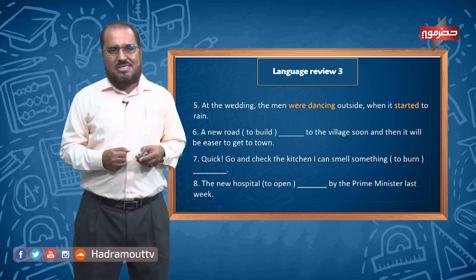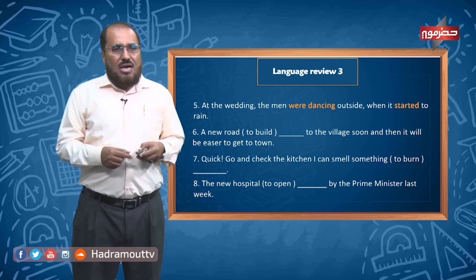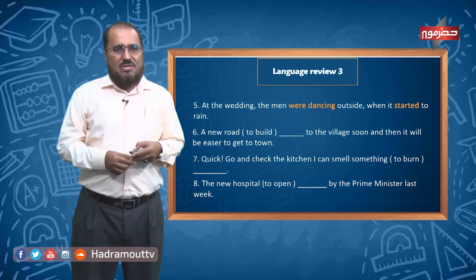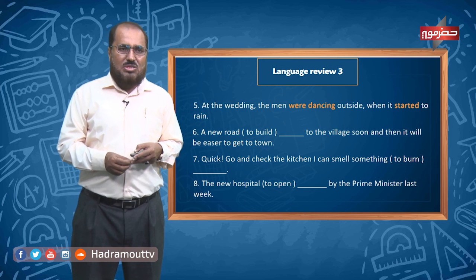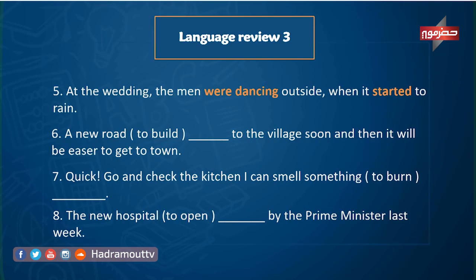What about number 6? A new road to build to develop soon, and then it will be easier to get to town. Okay? Think carefully. Can a road build itself, or is it built by somebody else?